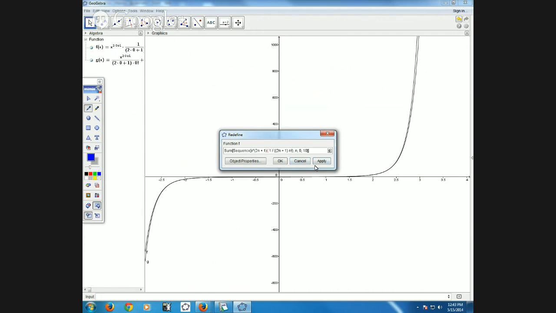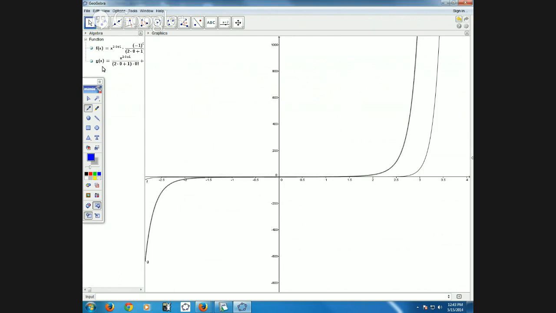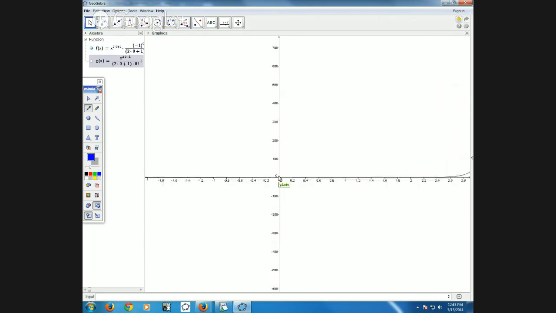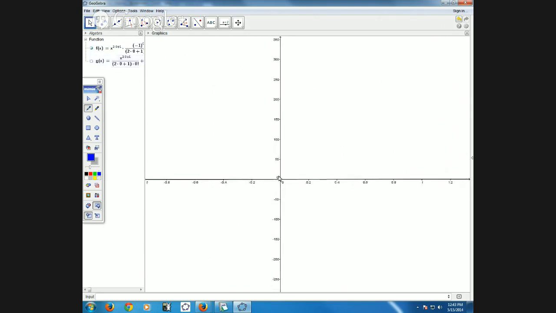Parentheses. Maybe I did 1 to the n by mistake. -1, there we go, raised to the n. Apply, and it's a little better. Then turn this one off, and it should look different by the origin.